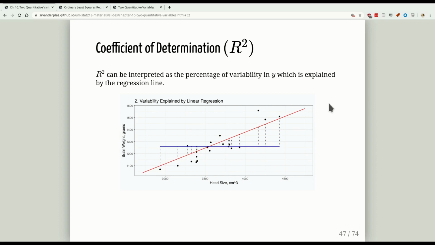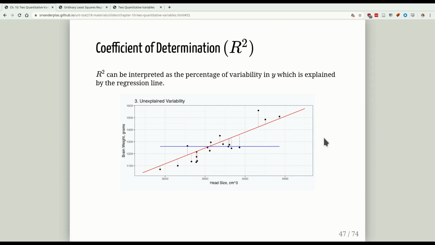That's the regression sums of squares, the regression variation. Then we look at the leftovers, the sums of squared errors from our regression line. And r squared is the percentage of total variability that we've explained by fitting the regression line. So it's the dotted line shown in 2 divided by the dotted line shown in 1.